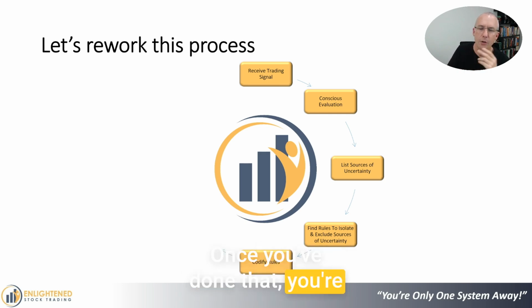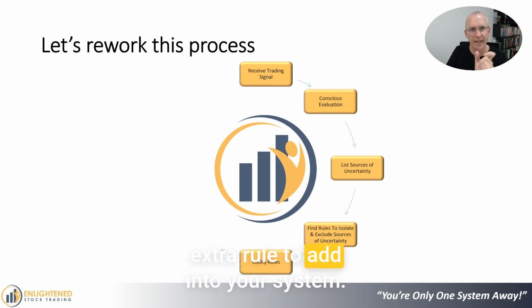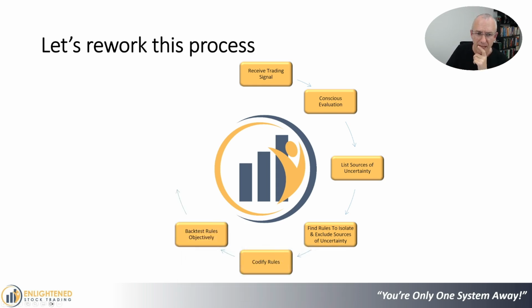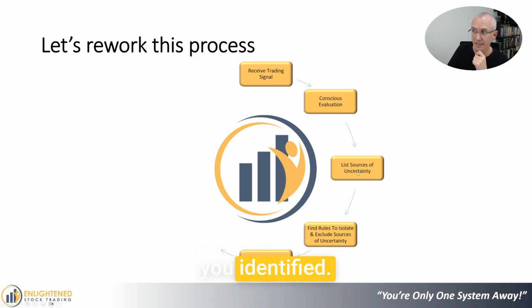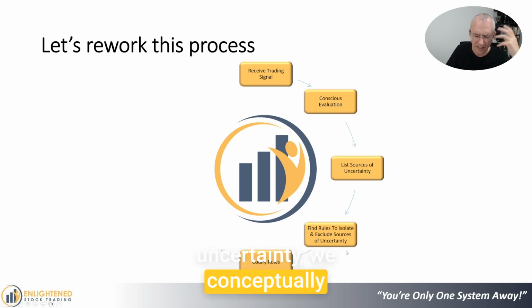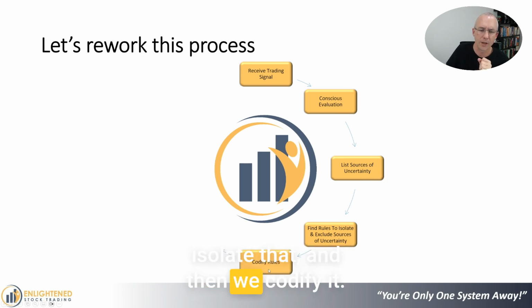Once you've done that, you're going to codify those rules. So first of all, you do it conceptually, then you codify it so you've got an extra rule to add into your system. And there's going to be one rule for each of the sources of uncertainty that you identified. So we list the sources of uncertainty, we conceptually create some rule to exclude or isolate that, and then we codify it.